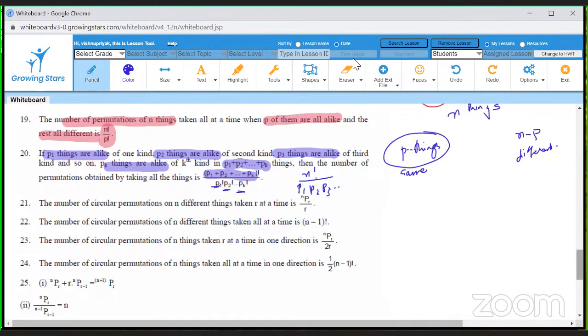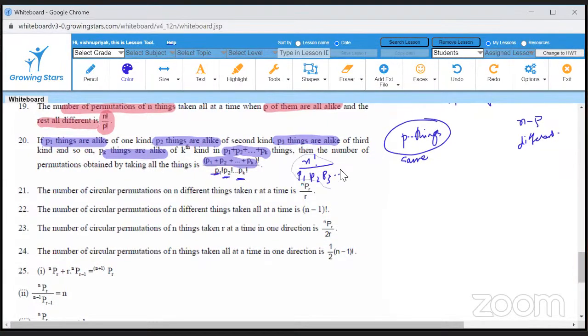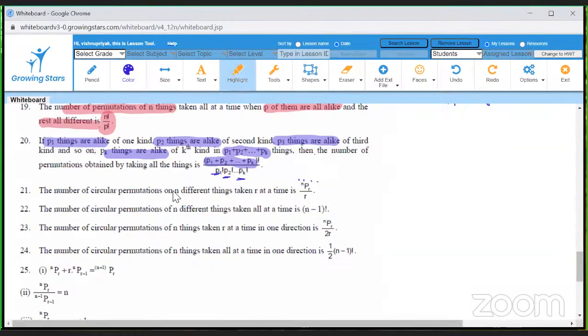Next, we have already talked about circular permutation. If in total you have n things and you are taking r at a time, the circular permutation will be nPr by r. You are arranging things in a circle.